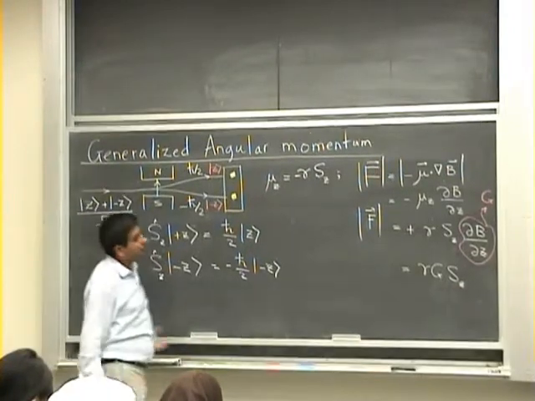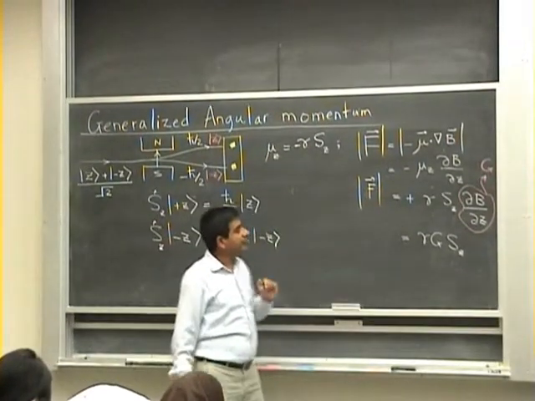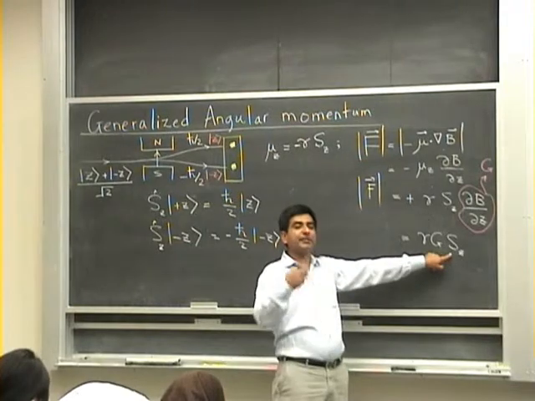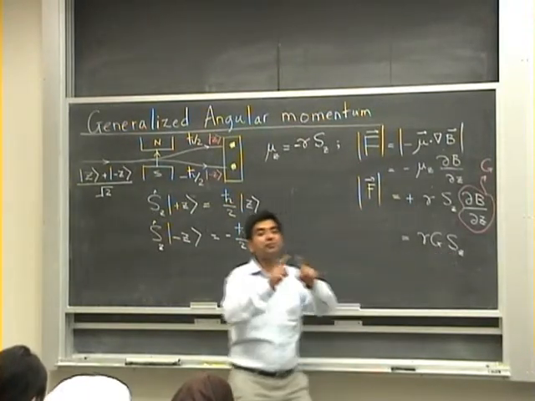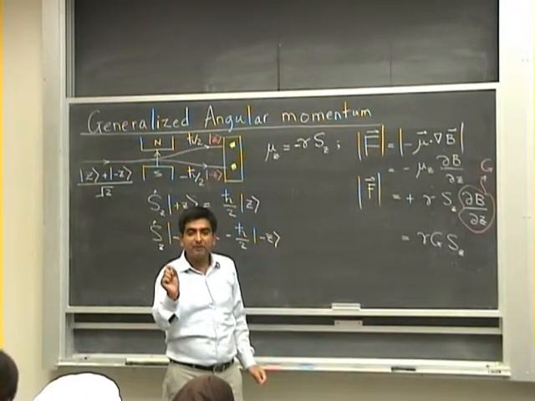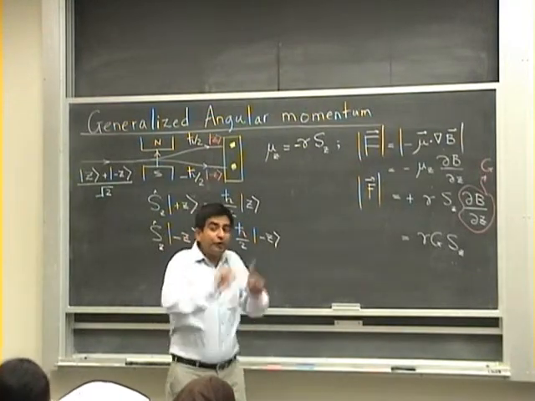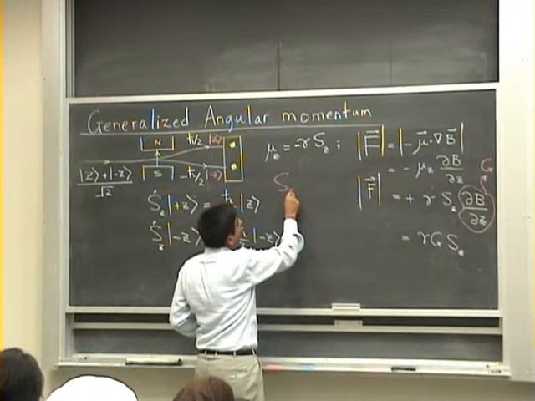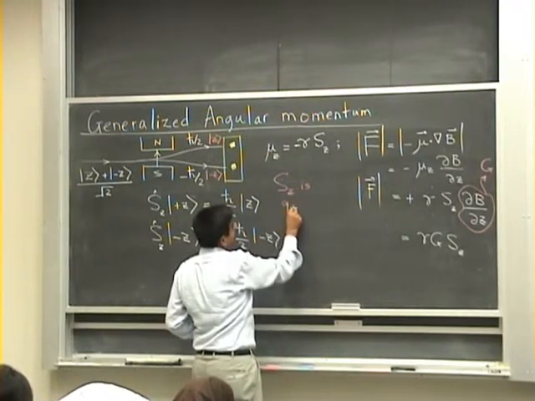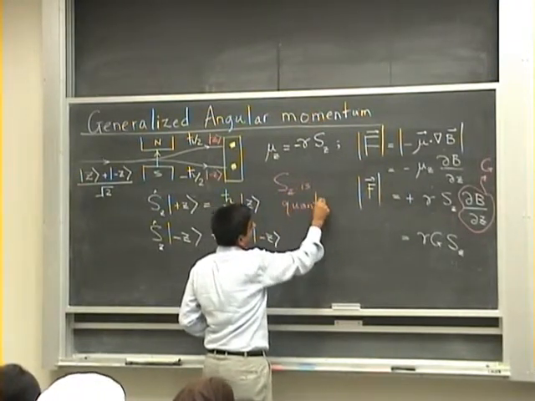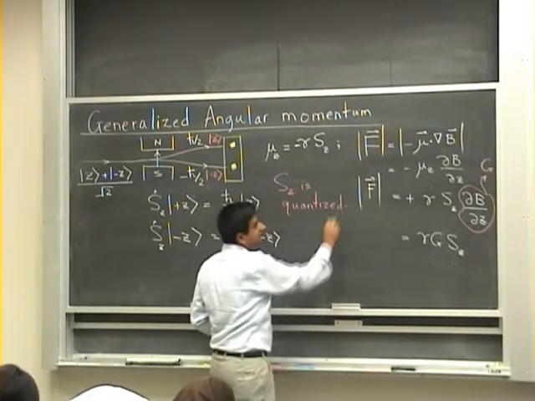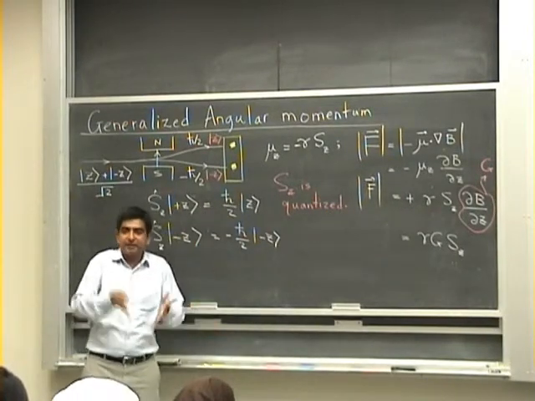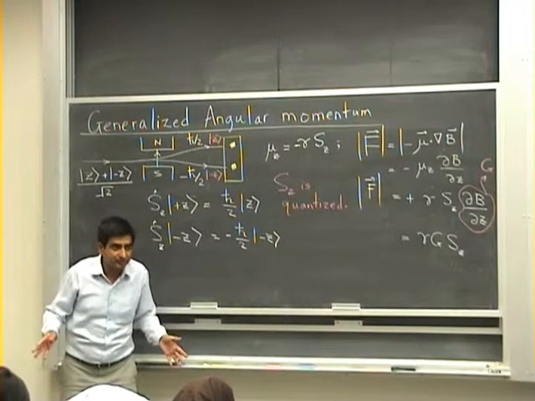And how do you corroborate this with this finding? Sz is the z component of the angular momentum, and it has two possibilities, plus h bar over 2 and minus h bar over 2. Only two possibilities, which means that Sz is really quantized. So an observable, a measurement, is becoming quantized.